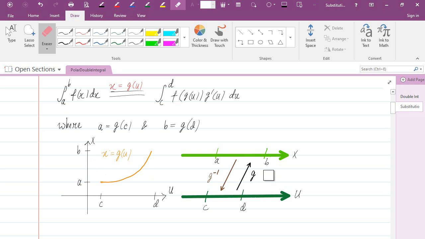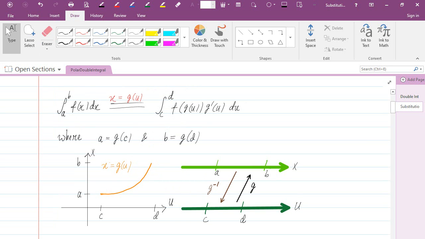So when we apply g to the interval from c to d, we get the interval from a to b. In other words, if I apply g inverse to the interval from a to b, then we'd be getting the interval from c to d. So basically, the interval from c to d is the inverse of g applied to the interval from a to b.